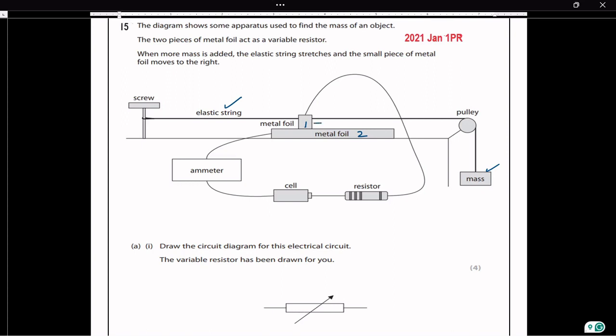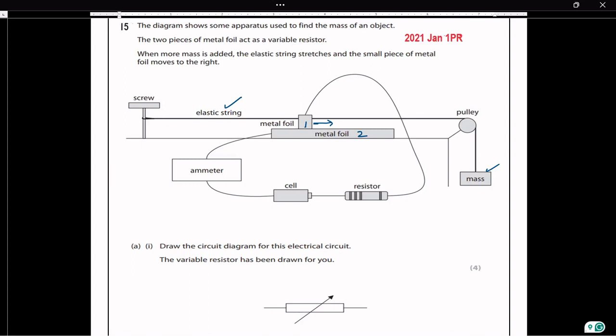That changes the resistance of foil 2. Foil 2 and metal foil 1 together act as a variable resistor, and you have to complete the circuit with the other required components.